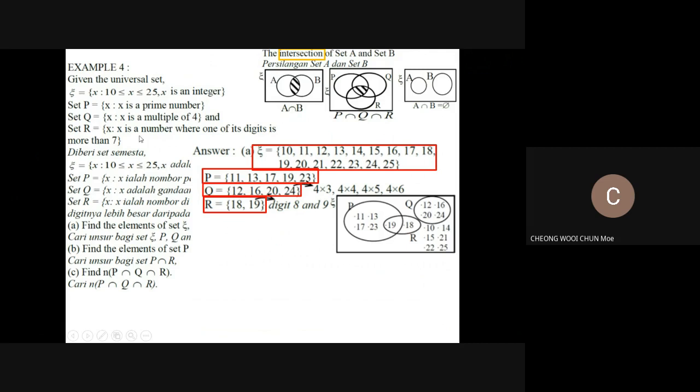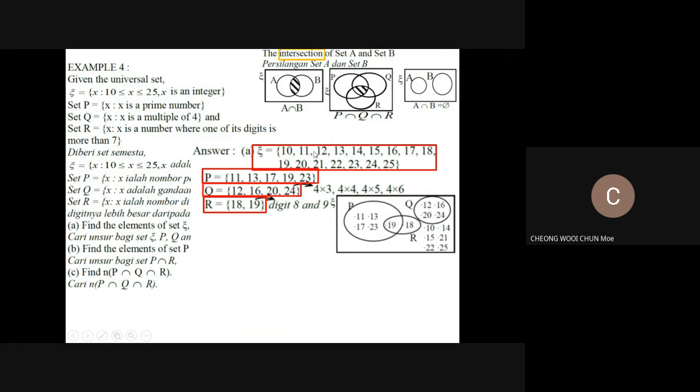Then R is the numbers where one of its digits is more than 7. This is 10, for example, and one is called a digit. So one digit must be more than 7, not both added up. 10 is not considered one digit; it's the tens digit and the ones digit.